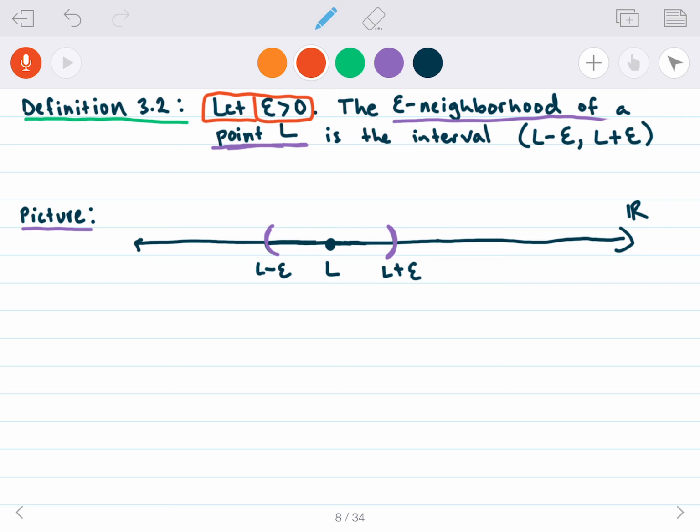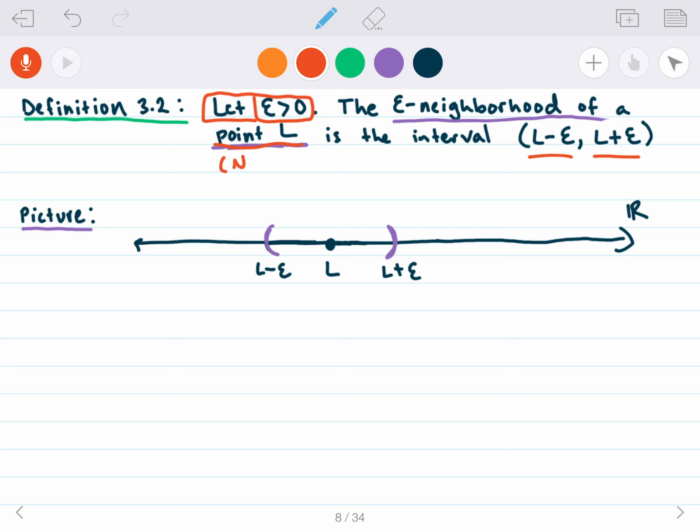Okay, so let's define what an epsilon neighborhood is. It's kind of intuitive based on the word neighborhood. Basically, if you have a point L, and L could be any real number, the open interval from L minus epsilon to L plus epsilon is the neighborhood centered at L. Maybe I'll write this.